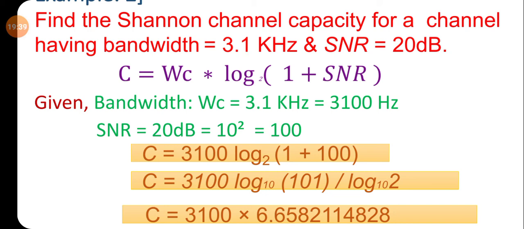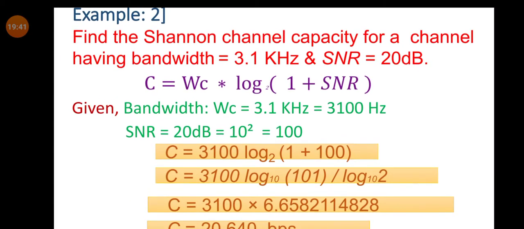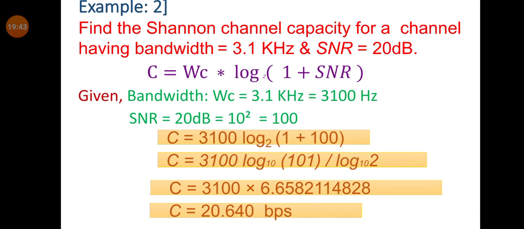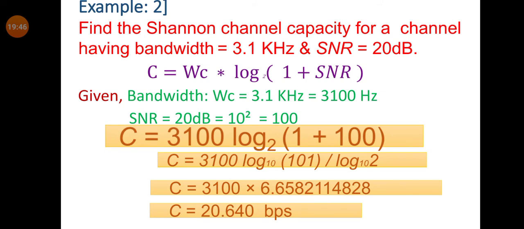So we get C equal to 3100 into log of 1 plus 100. SNR is 100, to the base 2. Clear? So now 100 plus 1 means 101.